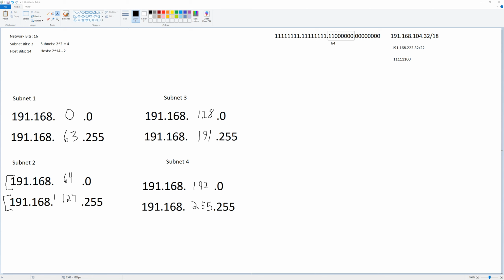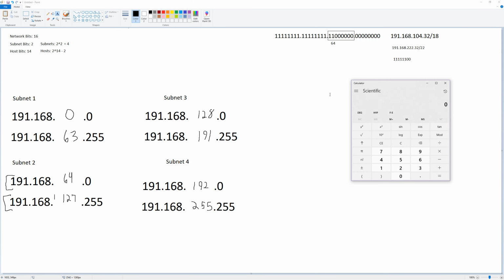Breaking out my calculator, I'll take 222 and divide it by the magic number of 4. I will take 55 as my floor, and I'll take 56 as my ceiling. 55 times 4 is 220, which is the subnet address. And 56 times 4 is 224, or minus 1, 223 is our broadcast address.